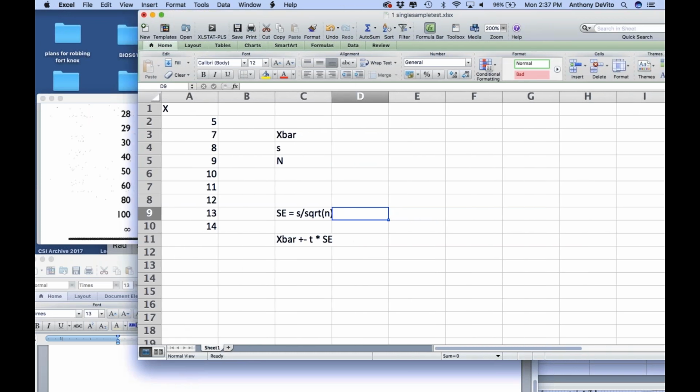By the way, if you go onto Blackboard, there's a file called number1 single sample test.xlsx.